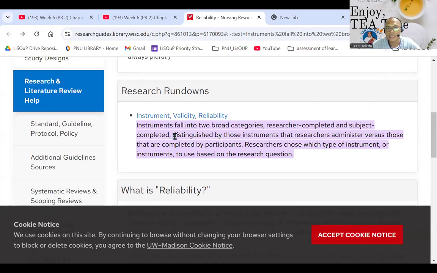Researcher completed are those instruments that the researcher administered. So you are the one who gives it. Versus those that are completed by the participant. Those completed by the participants are, of course, generated by the researcher, but most of the answers definitely come from the participants.